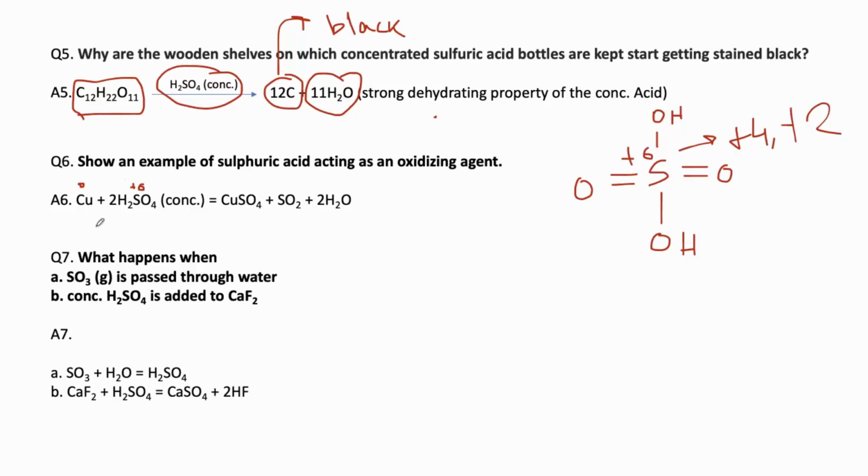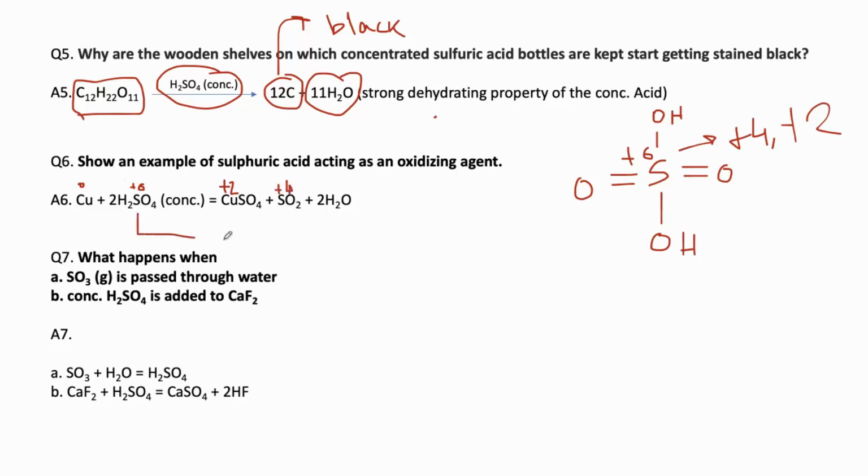When metallic copper is treated with concentrated sulfuric acid, it oxidizes copper to +2, so it forms copper sulfate, and it itself gets reduced to +4, that is the sulfur dioxide molecule.